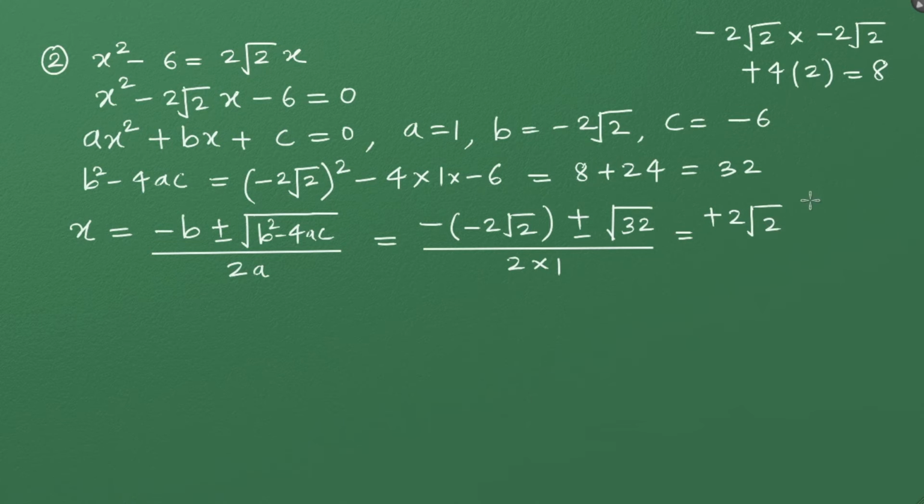Simplifying further, square root of 32 can be written as 16 times 2, and square root of 16 is 4, so we get 4 times square root 2.